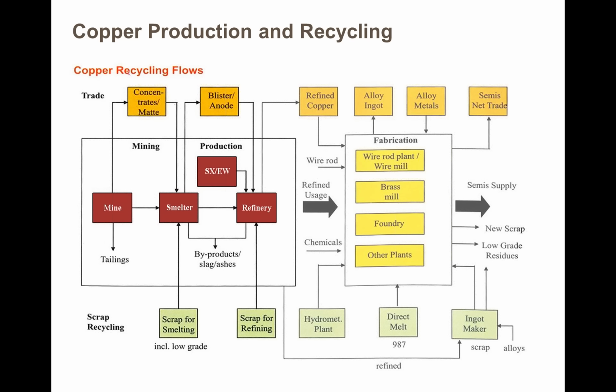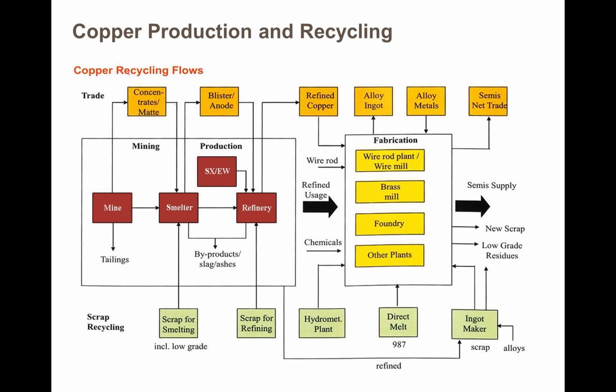In refined usage, once you have a refined copper, it goes into a wide variety of production facilities, fabrication facilities, that end up making a wide variety of products. They're not final products, they're intermediate products. Products that you at the Copper and Brass Service Center Association sell out of your service centers.